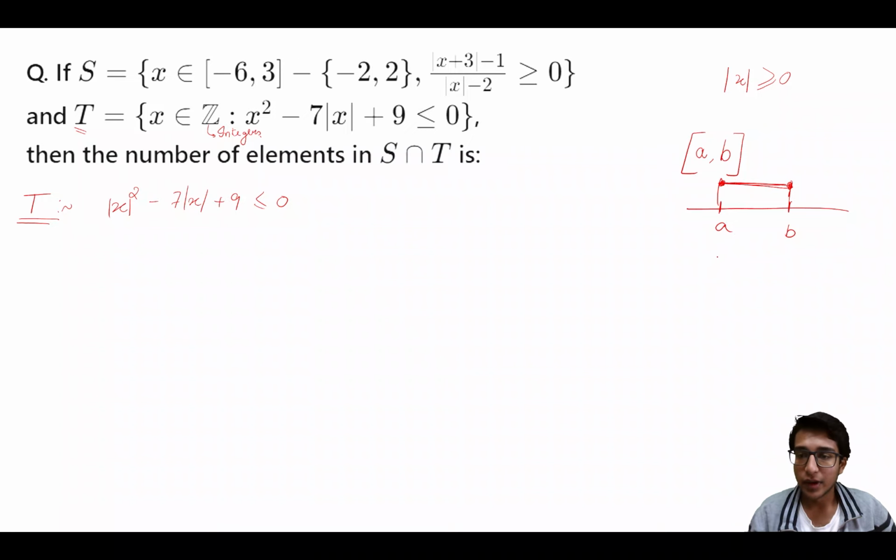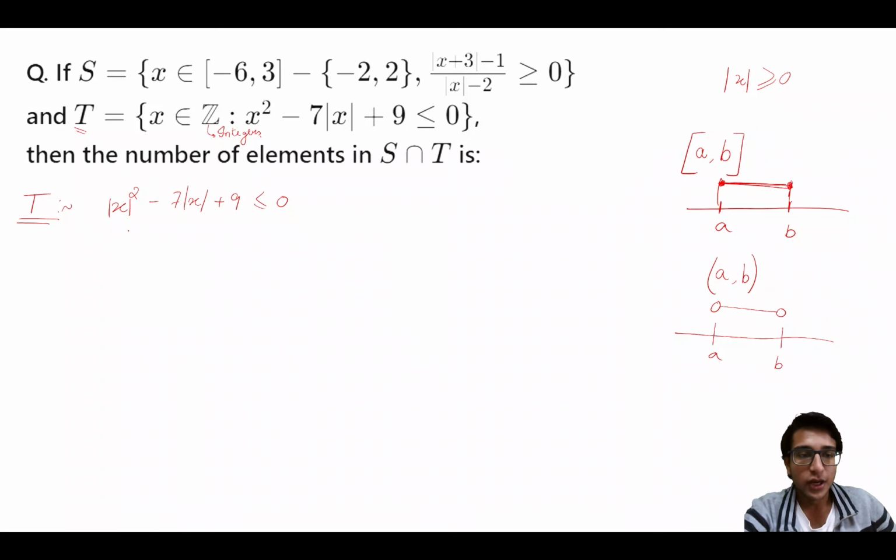Now when we talk about open brackets, the round brackets, that means I'm considering every element from A to B, however I'm not considering A and I'm not considering B. So they are generally represented by open holes. I hope you all know these things. These are just a reminder of the basic concepts that you must have studied.